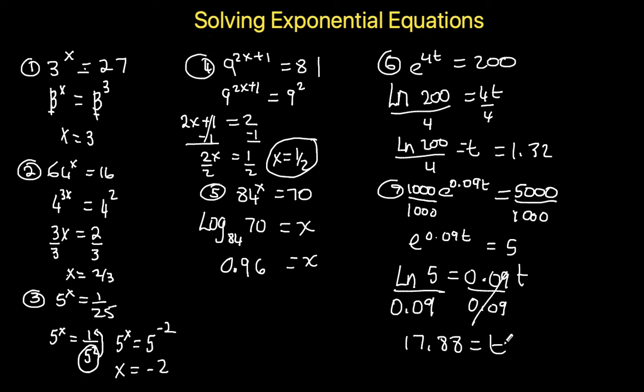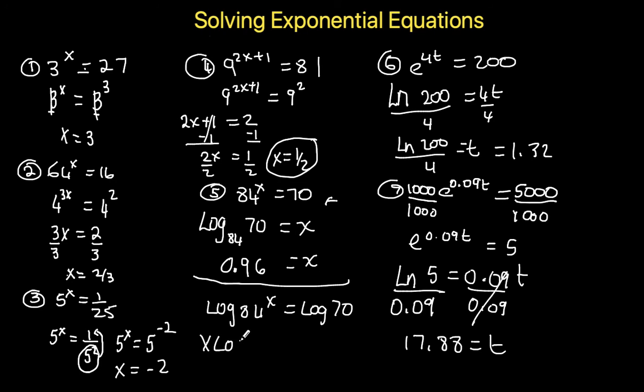Now, it's important to tell you this. If you don't want to write these in log form, I could just bring a log on each side and use the properties of log to solve it. For example, if I was to do number 5 like that, I would do log of 84 to the x equals log of 70. If I bring a log to one side, I have to bring it to the other side. Now, the properties of log say I can bring that exponent in the front.